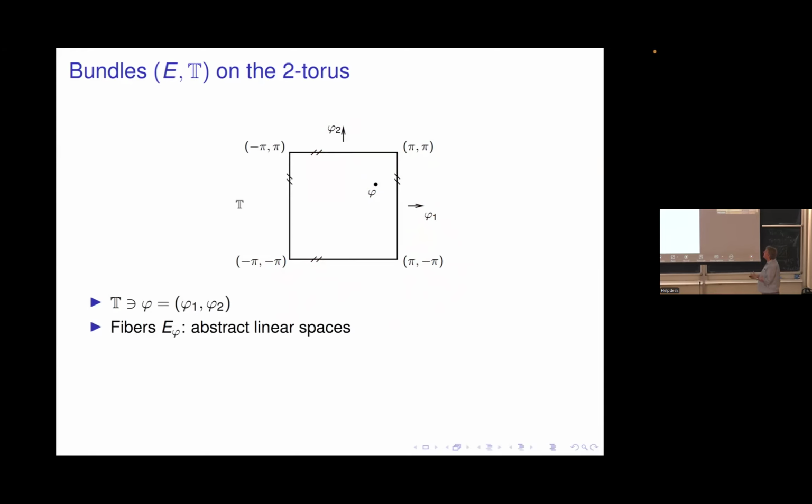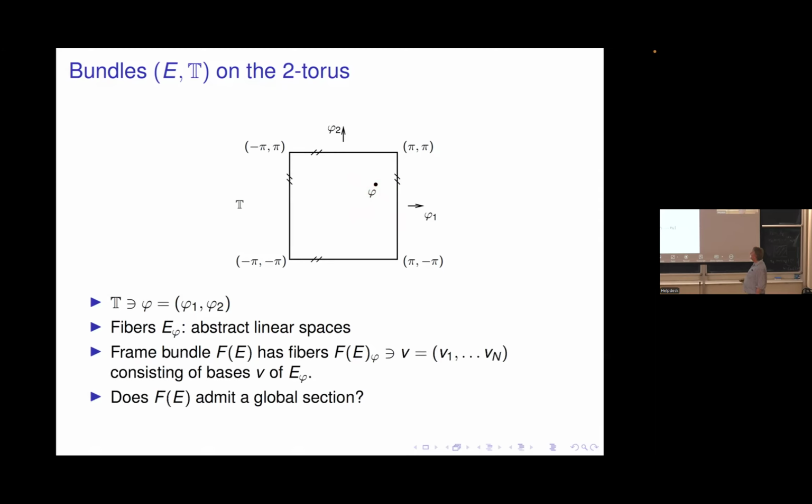And you can think of the fibers as being abstract vector spaces placed over these points phi. And there are frames. So what are frames first? In each fiber, this fiber E phi, we can look at a basis.